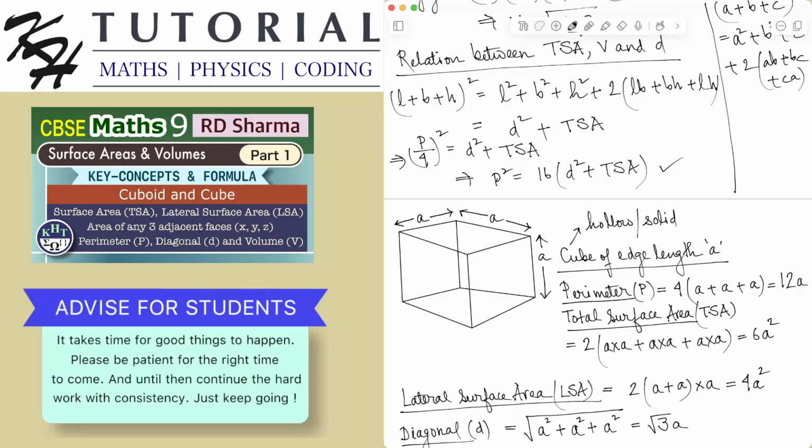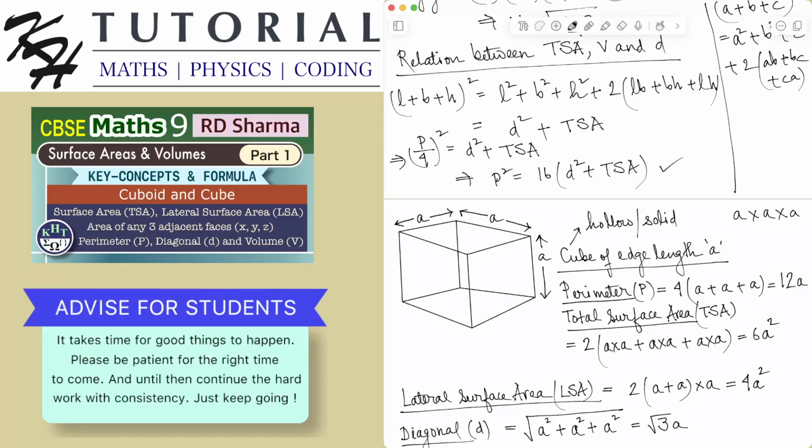A cube of edge length a means a cuboid of dimension a by a by a. That is, all three dimensions, length, breadth, and height, are the same and equal to a. That is what is meant by a cube of edge length a. It is also sometimes called side length.